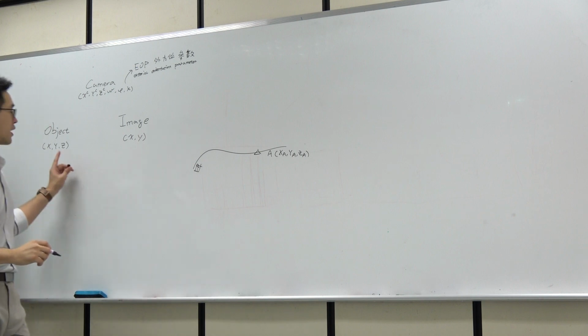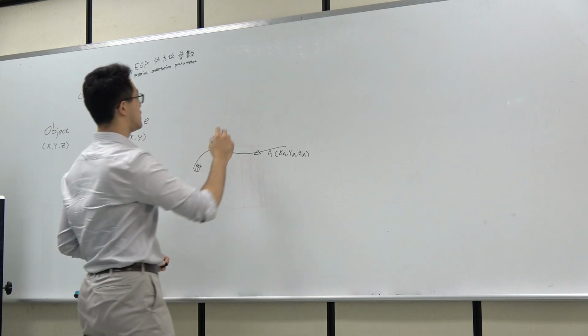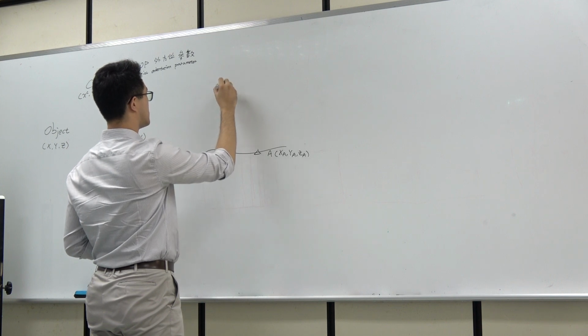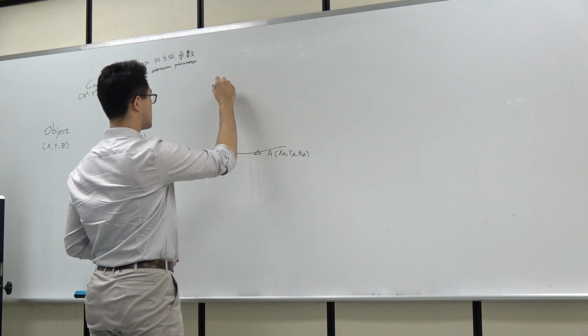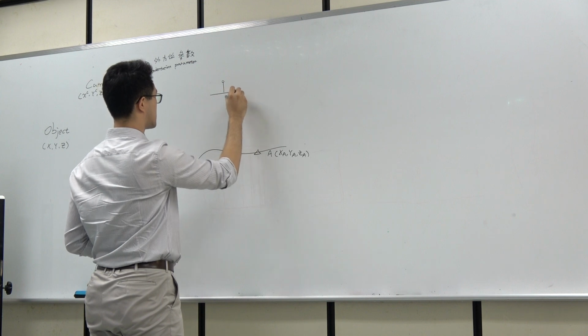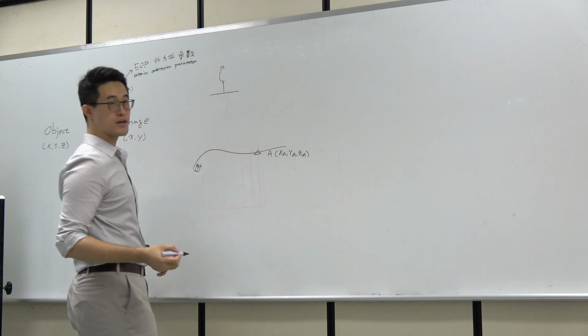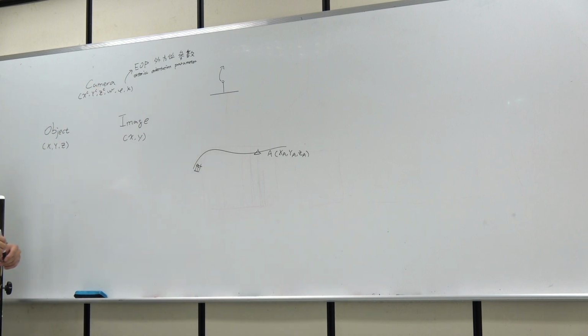So this is our object. And then we have a camera over here, aiming at this. So this is our camera location. When we are defining the camera location, usually we have a name for that.